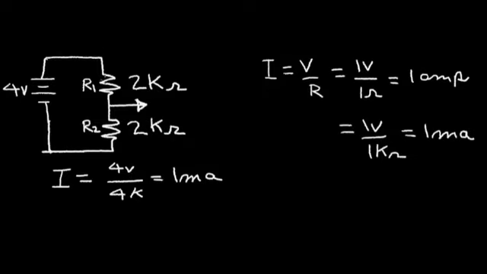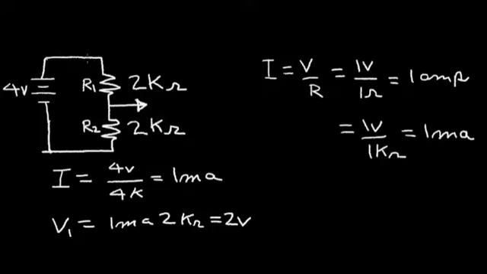Now, each resistor R1 and R2 have 1 milliamp of current. So we can calculate the voltage across R1 and R2. For example, the voltage across R1, V1, is equal to 1 milliamp times 2 k ohms, or 2 volts.